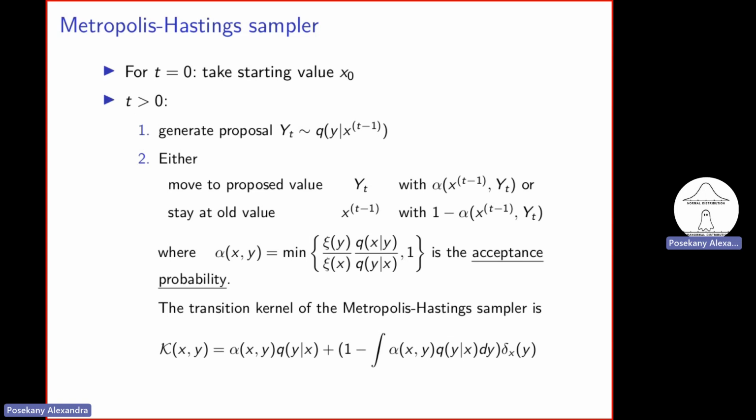And if the proposal is not working symmetrically in both directions, things get really difficult and really inefficient. Because if it works in just one direction, like proposing from the tails but never getting back to the center, or only proposing from the center but never being able to move to the tails, you will have a problem. So you need something which works in a symmetric way.